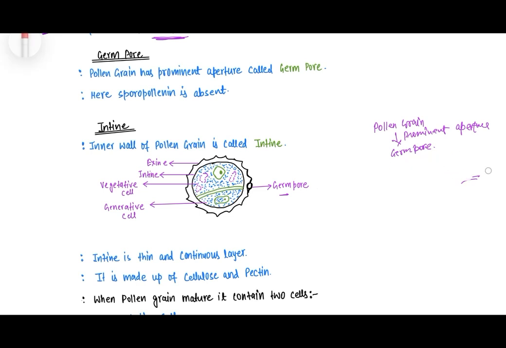This is not correct. This is wrong, okay? Pollen grain has prominent aperture, which is called as germ pore, and here sporopollenin is absent. This is important point. In germ pore, sporopollenin is absent.